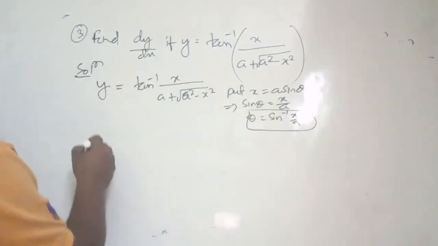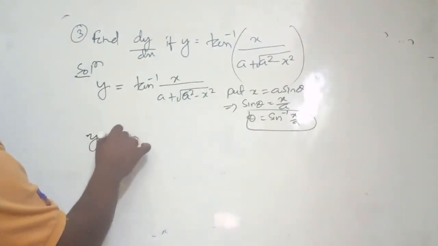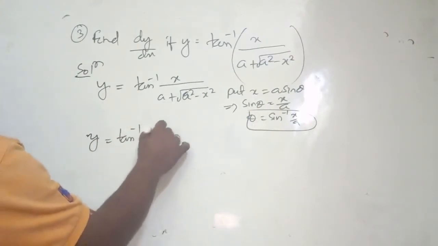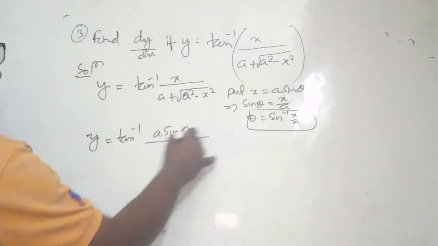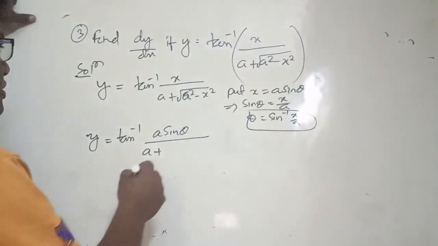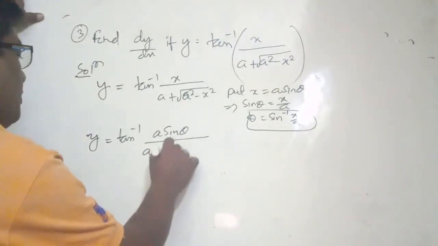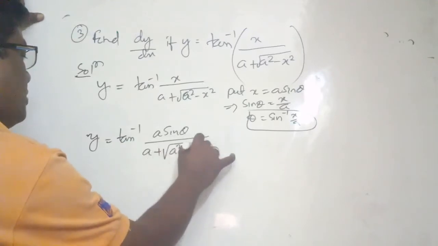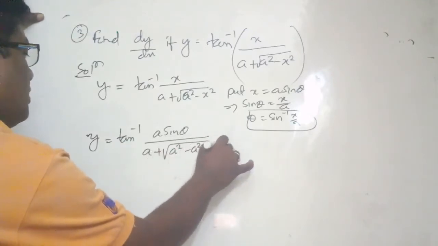This is required. And y is equal to tan inverse of a sin theta divided by a plus root over a square minus a square sin square theta.